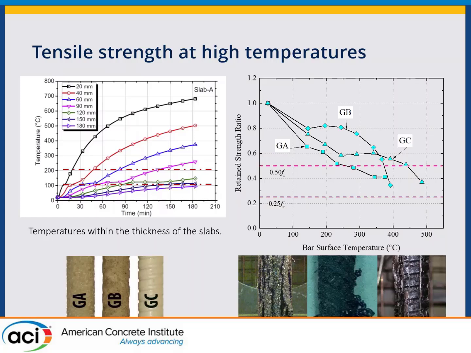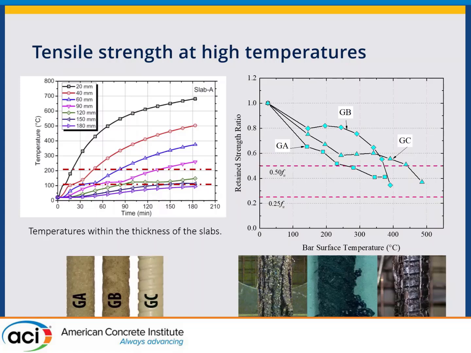And you can see these are actually the tests that we did. These are the temperatures in the center of the slab with time, and you can see that when you have 20 millimeters, that's about 3/4 of an inch of cover, you're getting temperatures up to 600 degrees, that's close to 1100 degrees Fahrenheit.